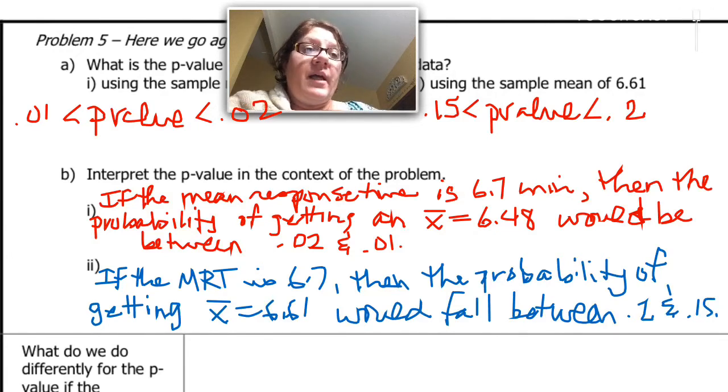So if the mean response time is 6.7, the probability that I'll get that particular x bar, a sample mean of 6.61, is between 0.2 and 0.15.